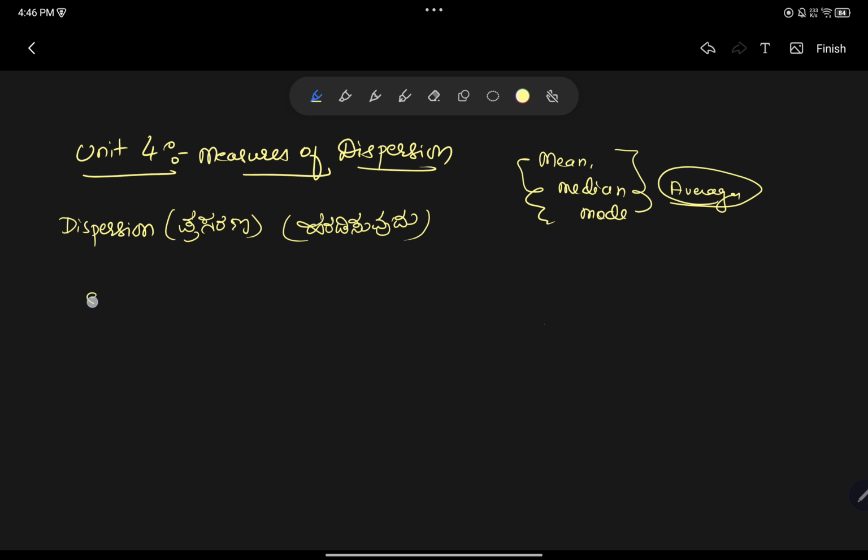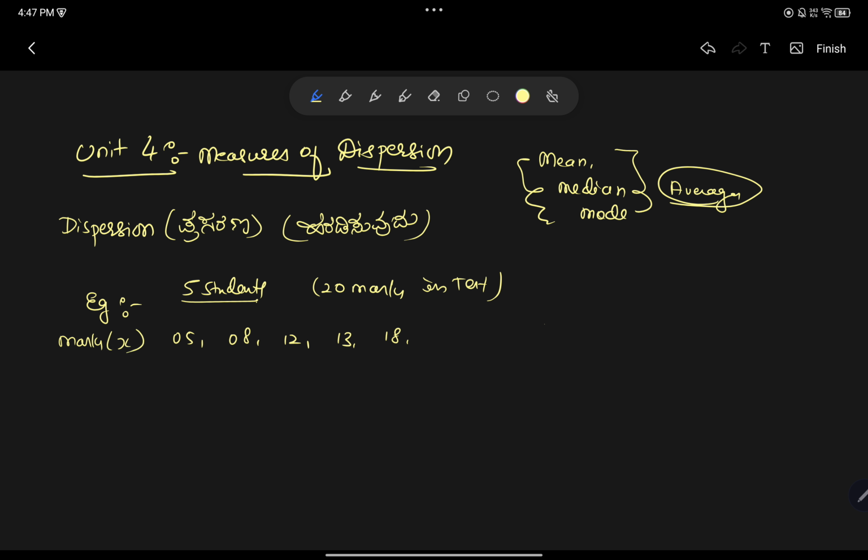Let's take an example. Let's say there are 5 students in a classroom. And out of 20 marks in the test, 5 of them have scored like 5, 8, 12, 13, 18. Okay, these are the marks. What we call X, right?